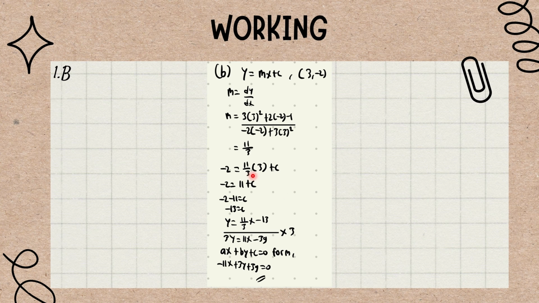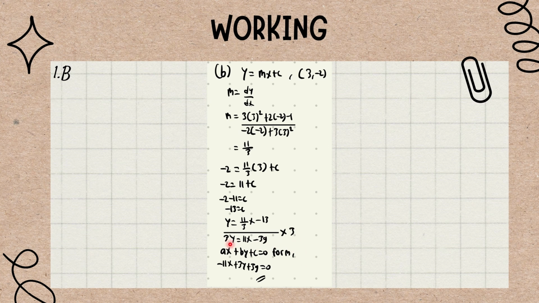So 11 over 3 times 3 is 11. So negative 2 equals 11 plus c, and the final result for c is negative 13. So the tangent equation will be y equals 11 over 3 x minus 13, and we can multiply by 3 so there will be no fraction in this equation. So the result will be 3y equals 11x minus 39.